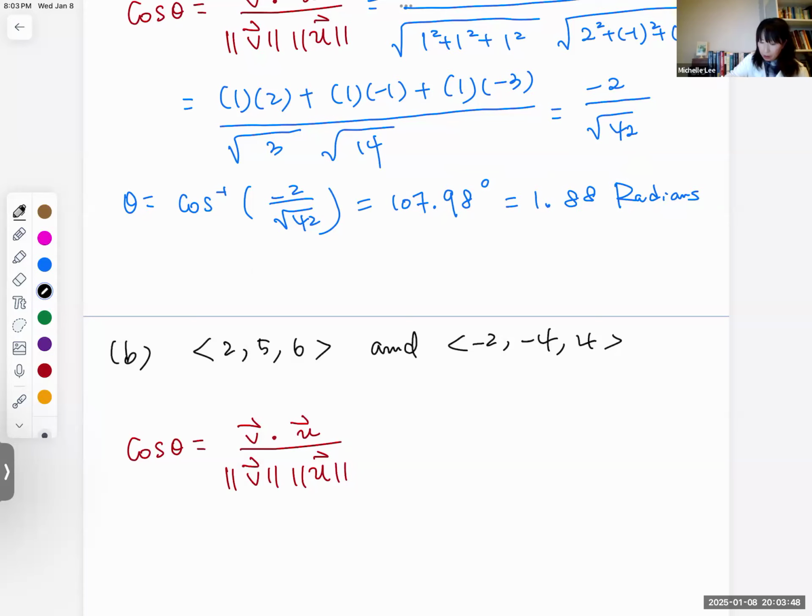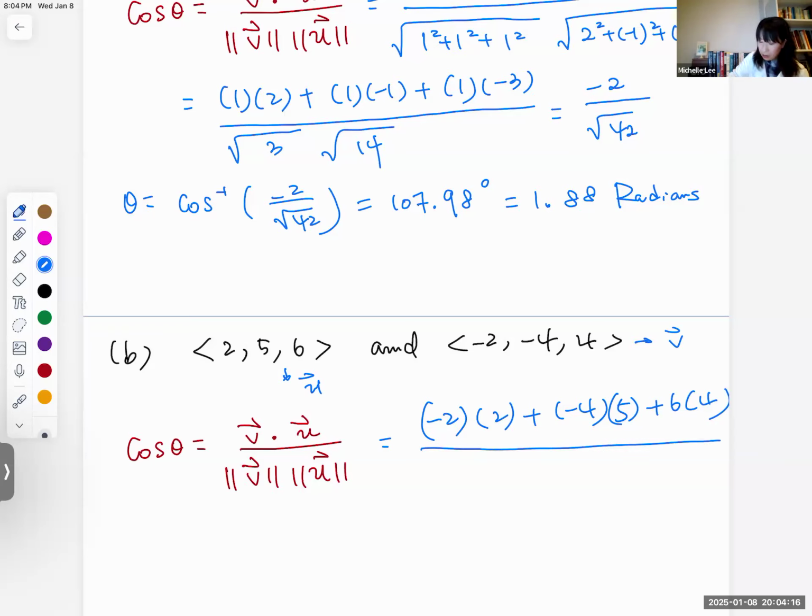All right, so that will be whatever you like, say U or V. So V, negative 2 times the positive 2 plus negative 4 and positive 5 plus 6, 4 over square root of V, negative 2 squared plus negative 4 squared plus 4 squared and 2 squared plus 5 squared plus 6 squared.